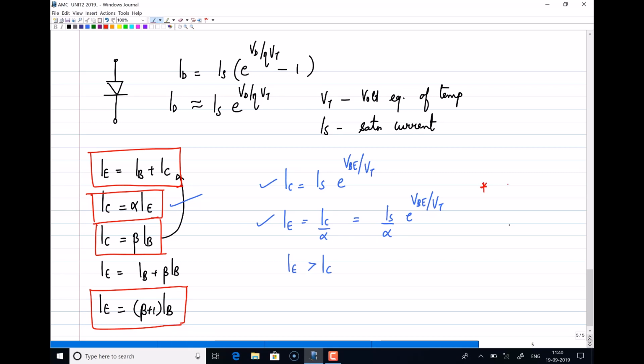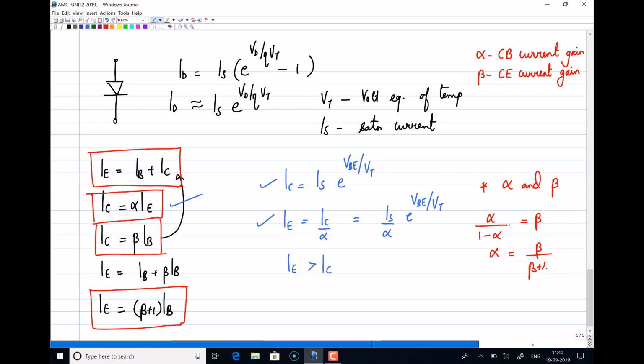And one more observation I want to make here is the relation between alpha and beta. All these are defined as current gains in different configurations. Alpha is called the common base current gain, and beta is known as the common emitter current gain. The relation between alpha and beta is alpha by 1 minus alpha is beta, or alpha can be written as beta by beta plus 1.